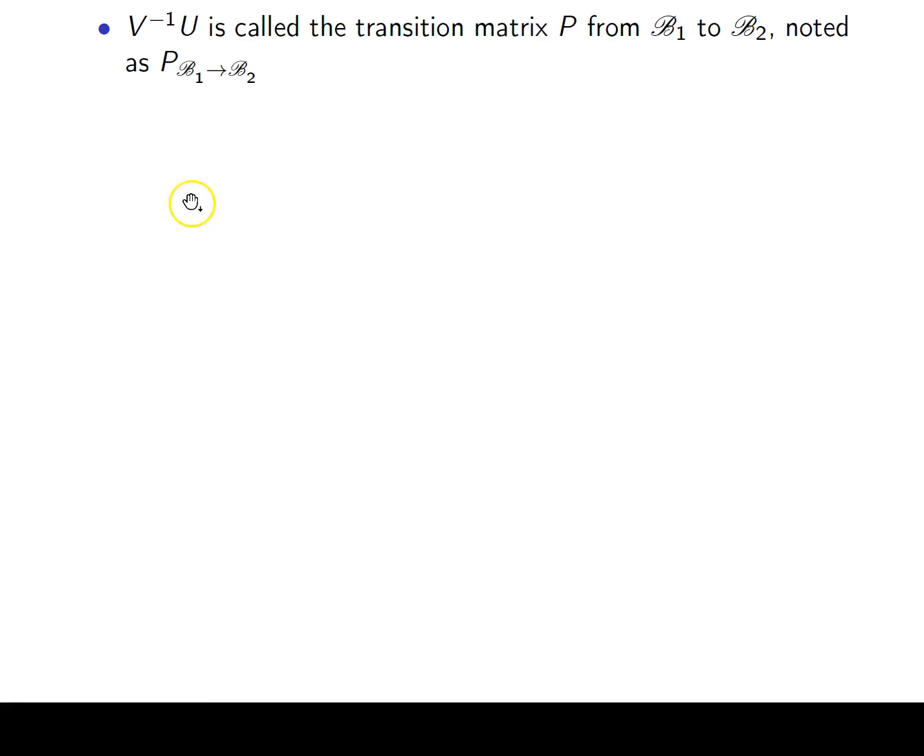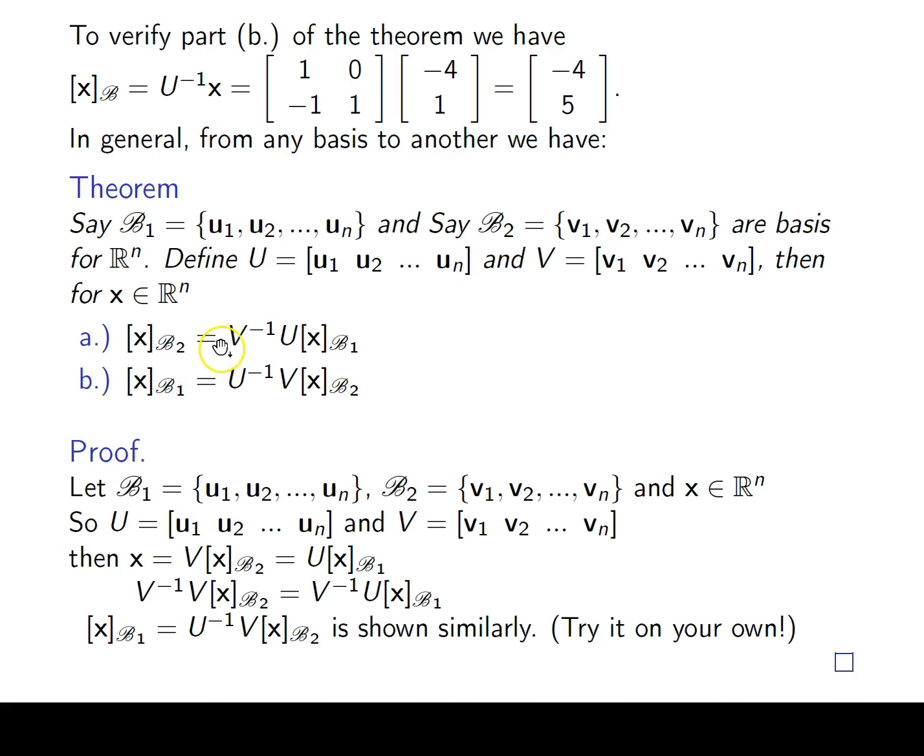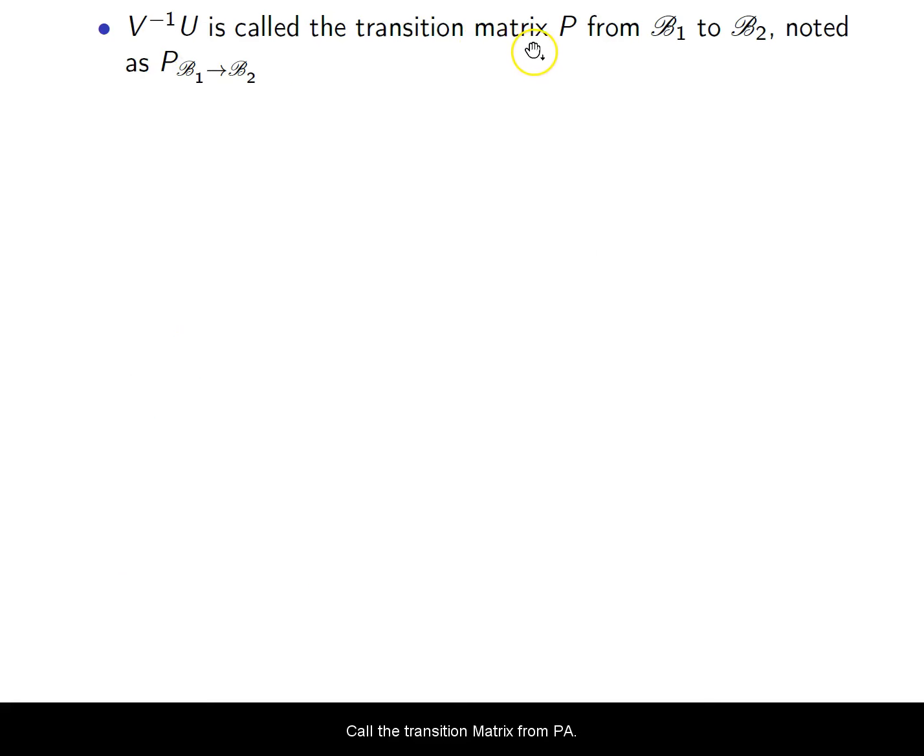So this matrix, V inverse U, is called the transition matrix P from B1 to B2. I'm in B1 and I'm going to B2. Let's look at this one more time.